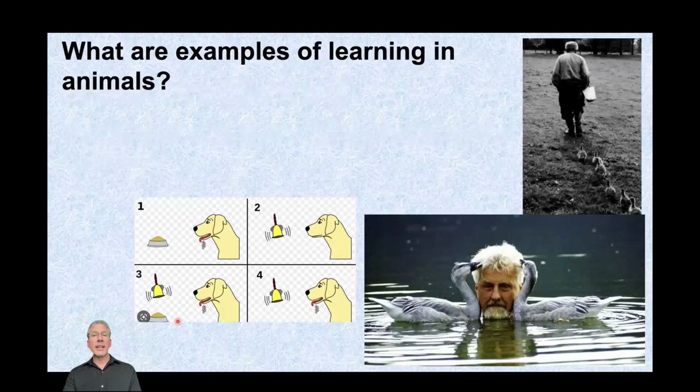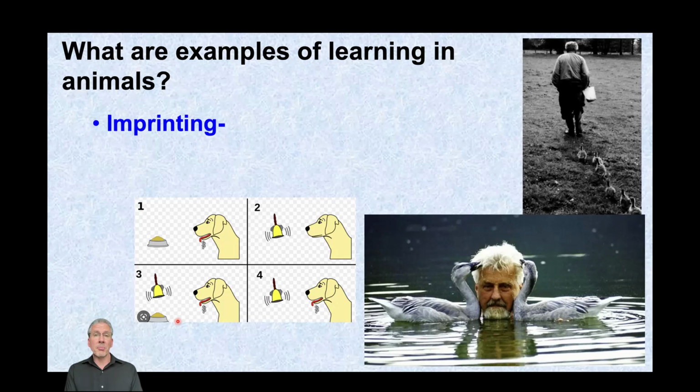In addition to genetically based behaviors, of course, many behaviors are learned. So many animals can, of course, learn. Just a few examples of learning in animals. Imprinting. Many species of birds in particular can imprint. And this is a brief period of time during early development where birds of certain species will imprint on whatever they happen to be associated with at that point in time.